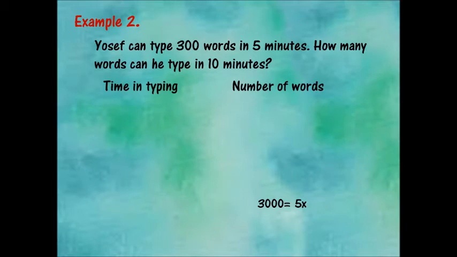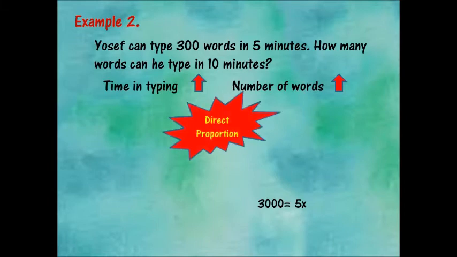Ilang words ang kaya niyang i-type. So, dito, time ng pagta-type niya sa ating question, tumaas ba siya? Yes, nag-increase. Therefore, kapag tumaas yung time ng pagta-type niya, anong mangyayari sa number of words? Siyempre, tataas din. And that is what kind of proportion? Yes, that is direct proportion.